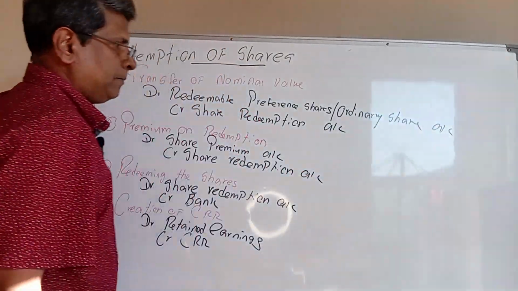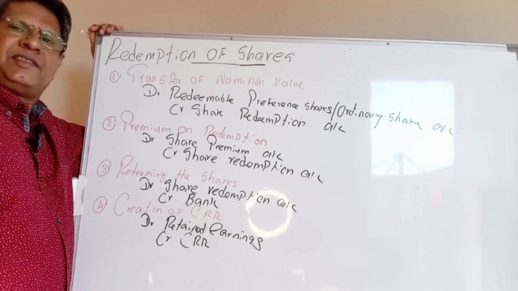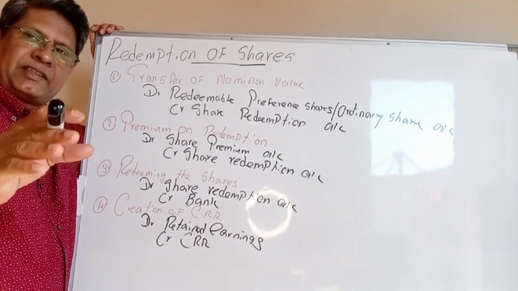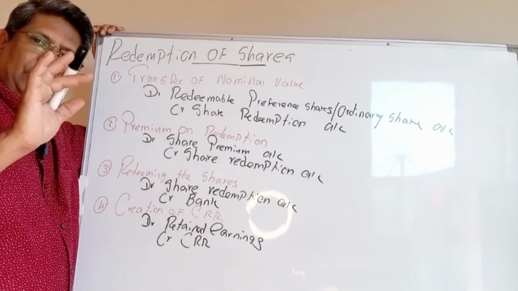Nominal value is done. Share premium is done. Very easy, isn't it? So accounting is easy if you focus and you understand. If you don't focus and understand, then accounting becomes a headache. But with the proper guidance, you will do well in accounting.